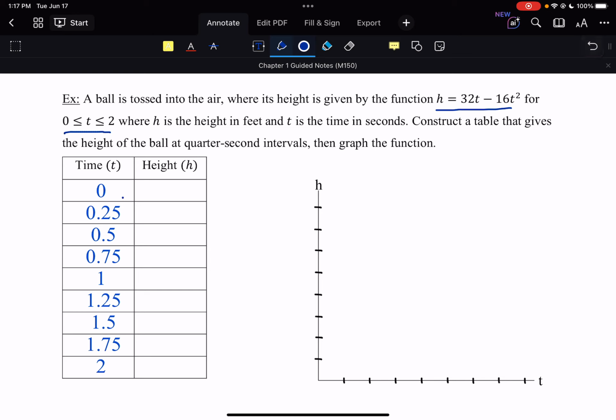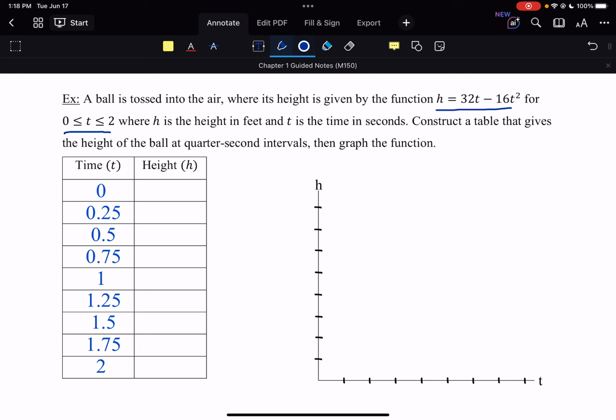I already have the values set up here for us. So we're doing this in quarter-second intervals from 0 up to 2. So when we go to find a value, we take the input, in this case that's the time or the t value, we run it through the function and get out an element of the range, which in this case is the height.